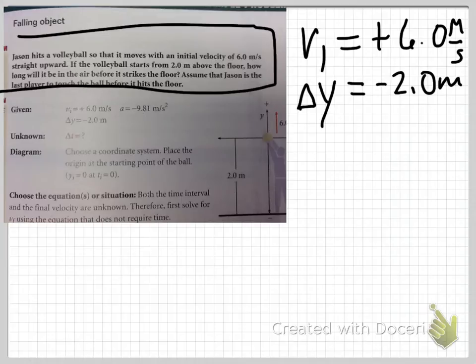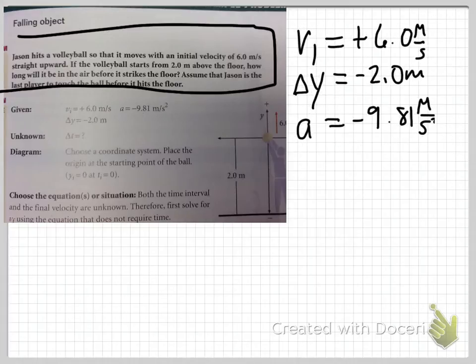We've got a vi, we have a delta y, we have acceleration. What's the acceleration? Negative 9.81 meters per second squared. You got it. Let me shrink that so I can get everything in. Okay. What do we want? Time. We want delta t.